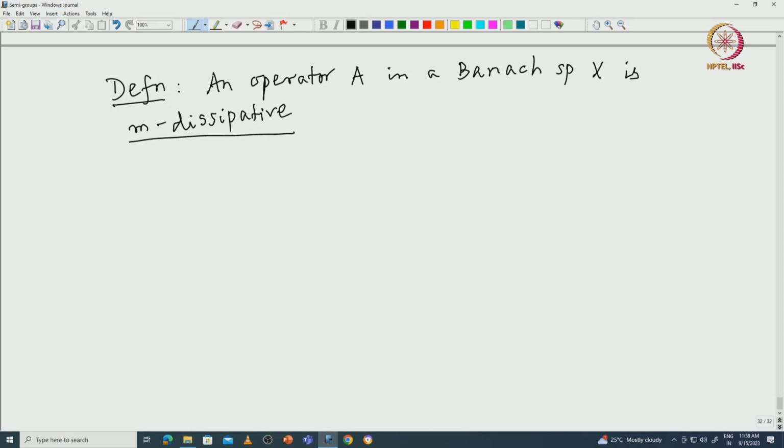So, I leave it to you to find out what the maximality is with respect to. So, A is dissipative and the image of I minus A is X.